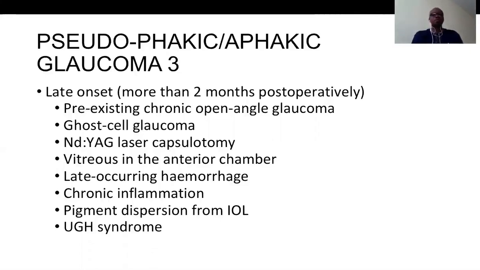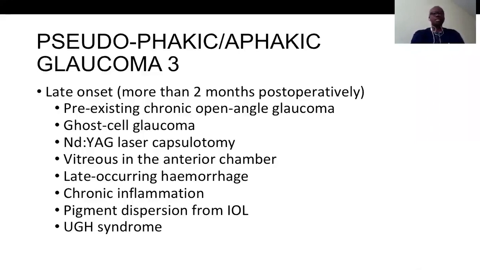Then it may also be due to inversion of the intraocular lens. All these are things that may make the intraocular lens have more contact with the iris. And it is the IOL iris friction that generates the pigment, which now occludes the trabeculum, leading to impeded outflow and raised intraocular pressure. So for this patient, IOL exchange will be the definitive management.